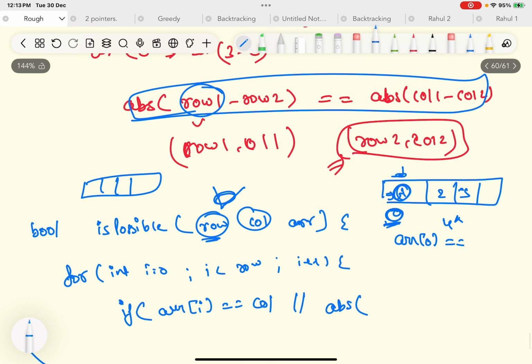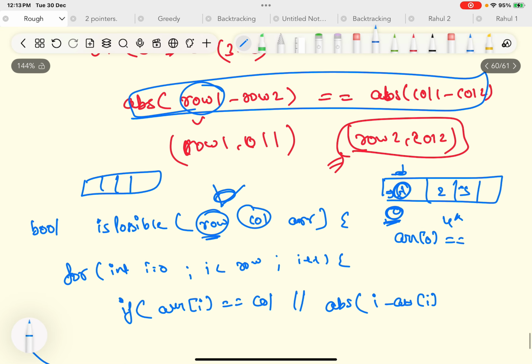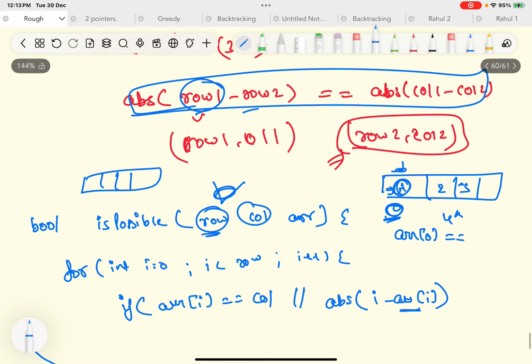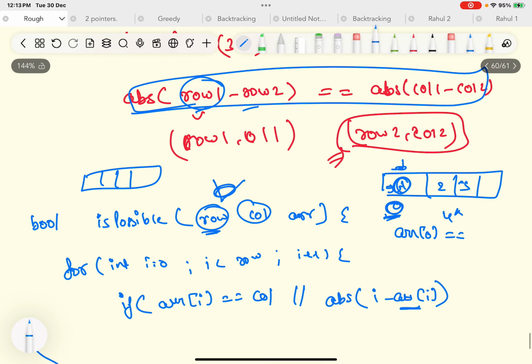Index is denoting the row number. Row i minus answer of i, row 1 minus row 2. Answer of i is equal to absolute of column 1 minus column 2.